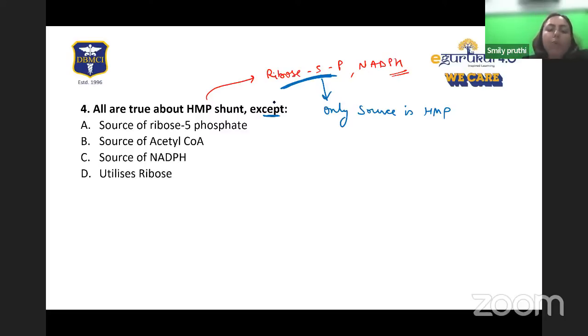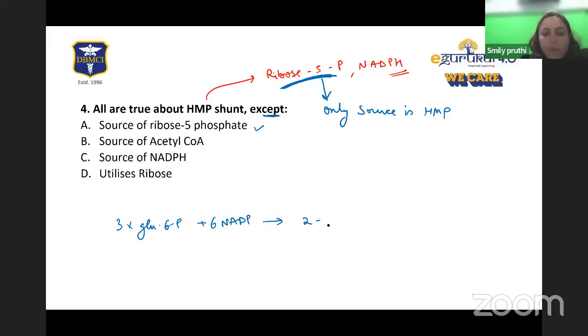So all are true about HMP except. True is, it is a source of ribose 5-phosphate, correct? It is a source of acetyl-CoA. See, in HMP, we take 3 molecules of glucose 6-phosphate and 6 NADP.